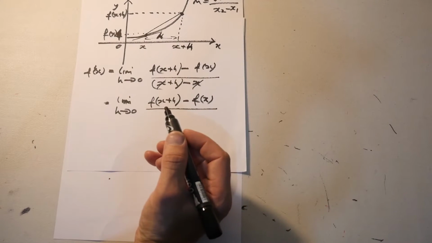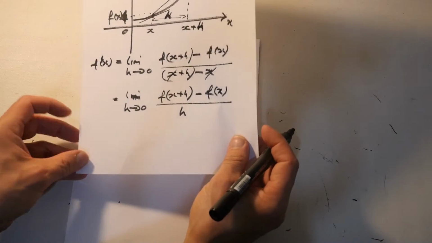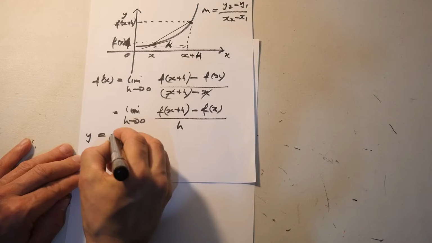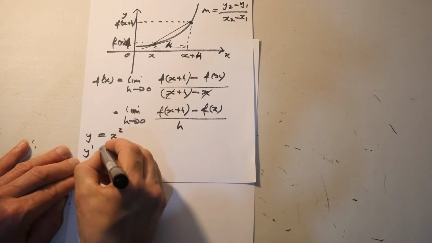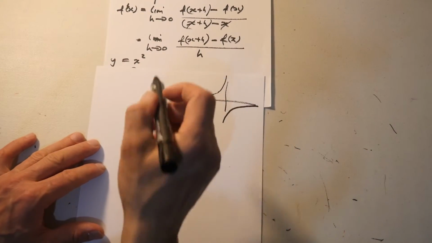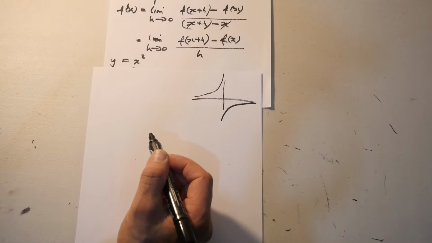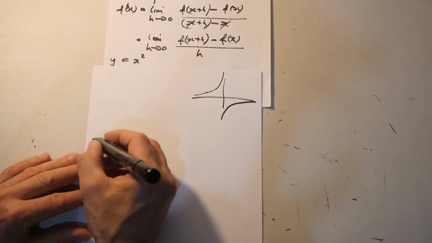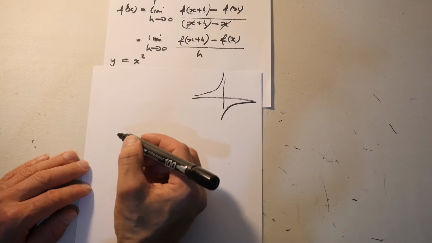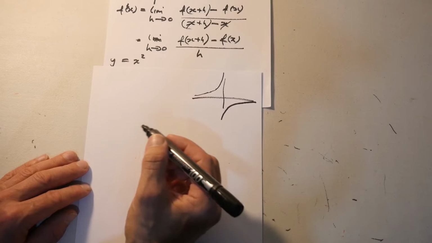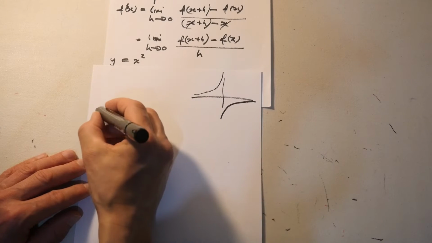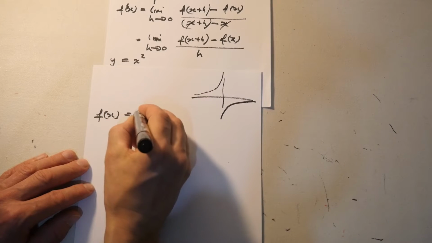Okay, so if y equals x squared, what's y dash equal to? If I substitute these values into this, we know that f of x equals x squared.